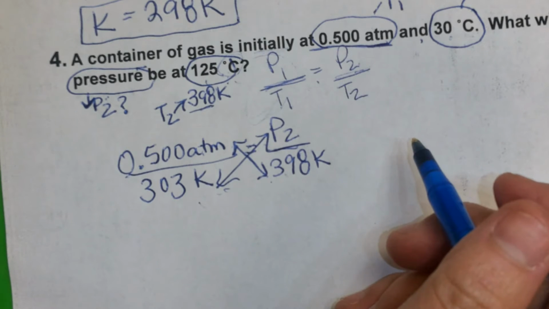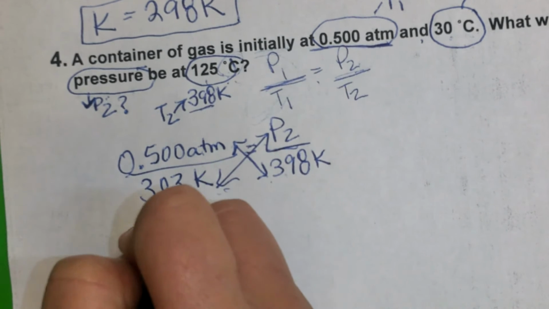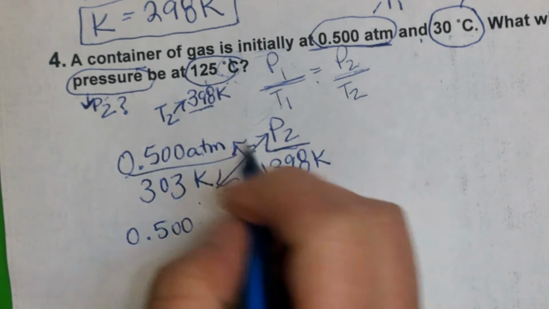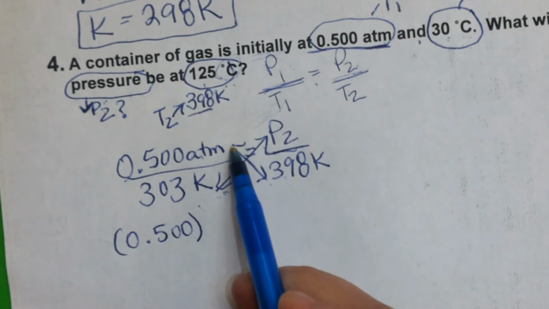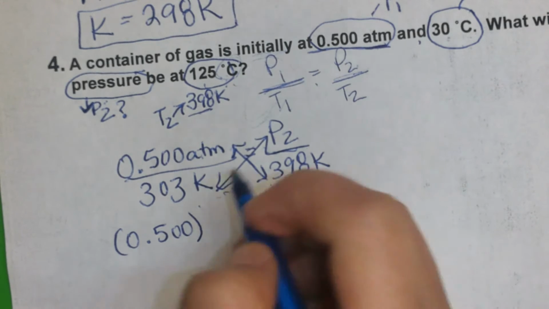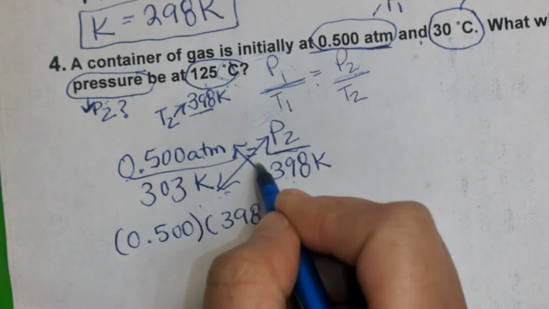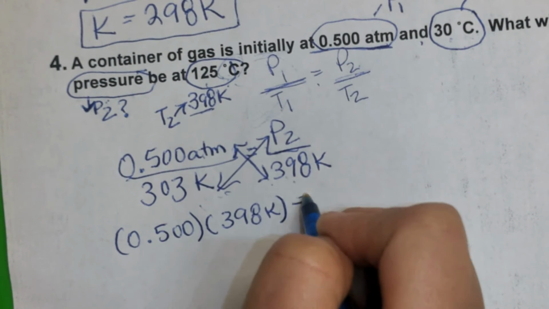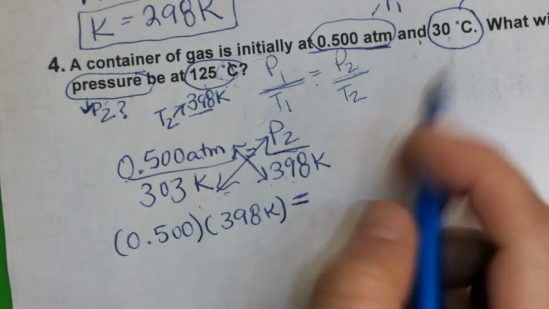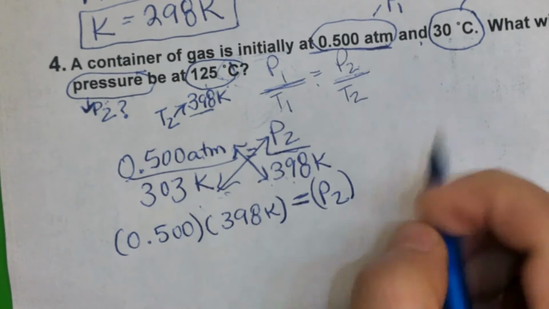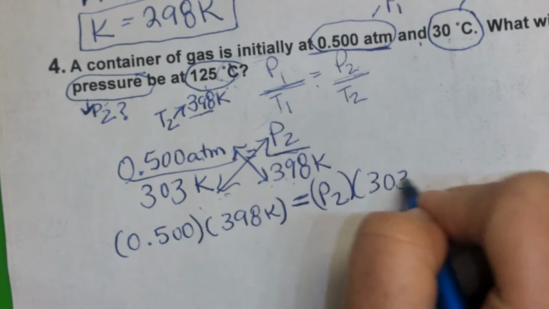Now we're going to put 0.500 multiplied by 398 Kelvin, then the equal sign, and that will be your P2 times your 303 Kelvin.